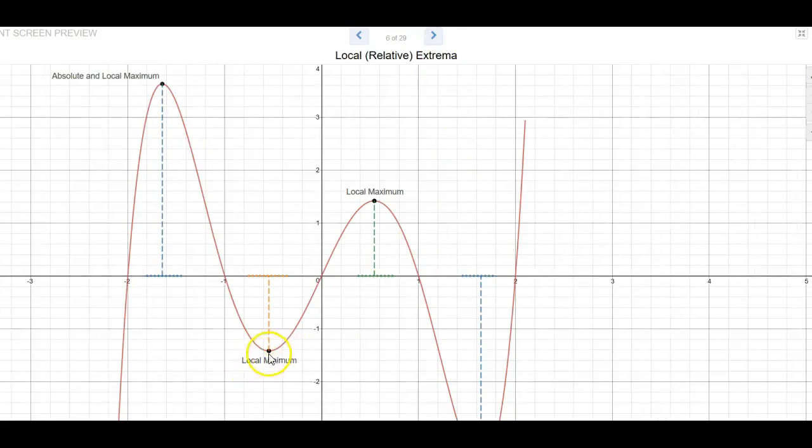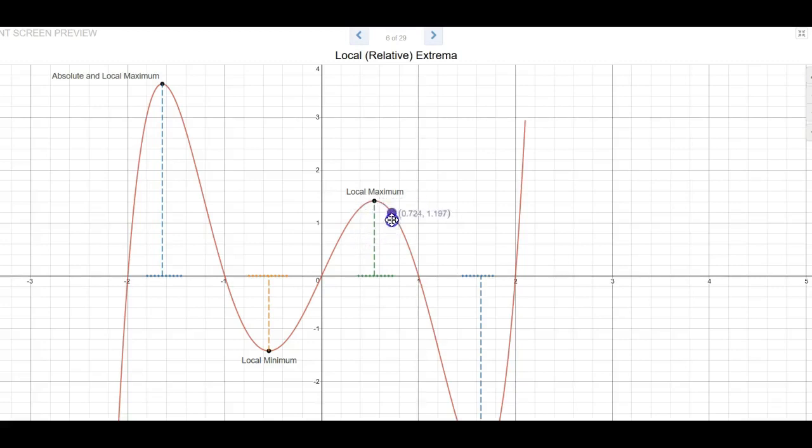Let me talk a little bit more about these neighborhoods because that can be a little confusing. If you look at, for instance, this local maximum occurring here at about 0.5, to the left of it the function's defined and all those y values are less than it.